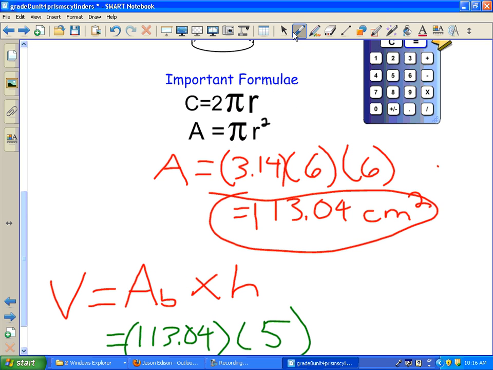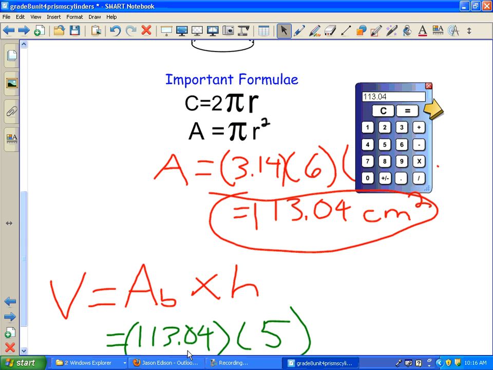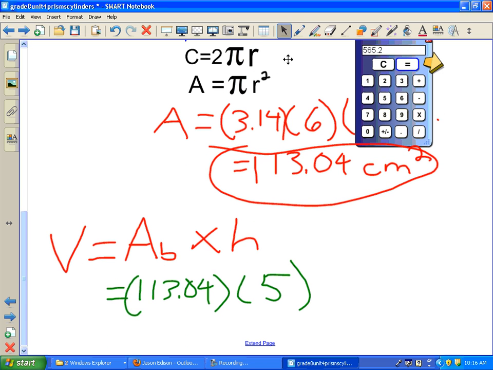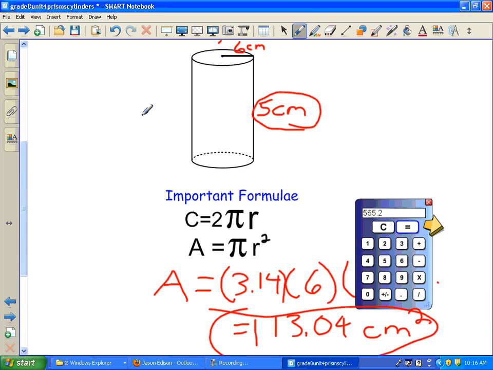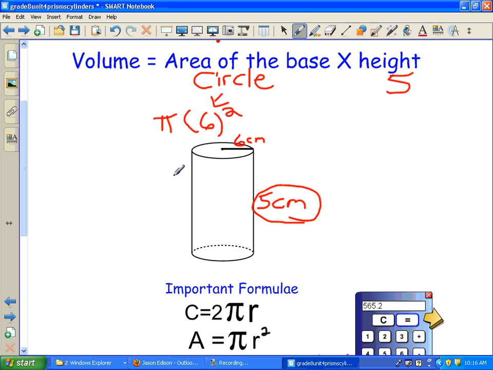Multiply that together, and we'll have 113.04 times 5, and our answer is 565.2. So the volume is 565.2 centimeters cubed with a little 3. So this one's a little easier. Volume's sometimes a bit easier than surface area because we just have to find the area of the base, which is a circle, and then multiply it by the height of that cylinder.